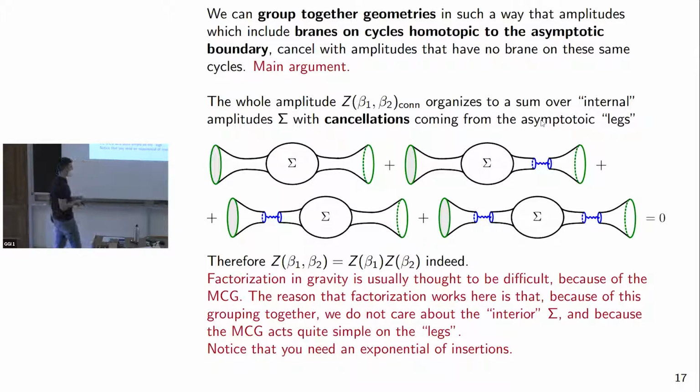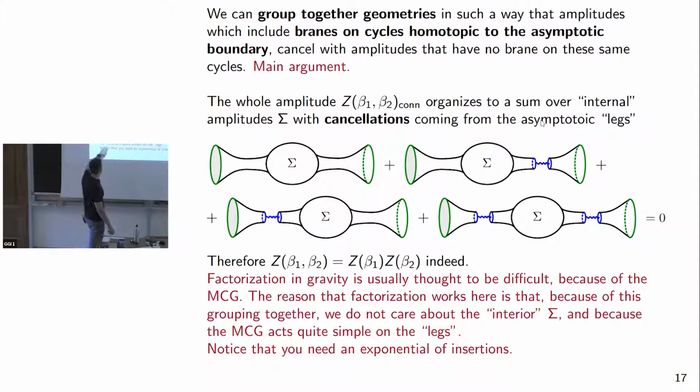But the mapping class group is super simple close to boundaries, which means that close to boundaries, you do have a notion of gluing things on and off, whereas you cannot take like a genus 5 Riemann surface, cut it in half, compute the amplitudes and glue them together. That gives the wrong answer. But near the boundaries, it does work.